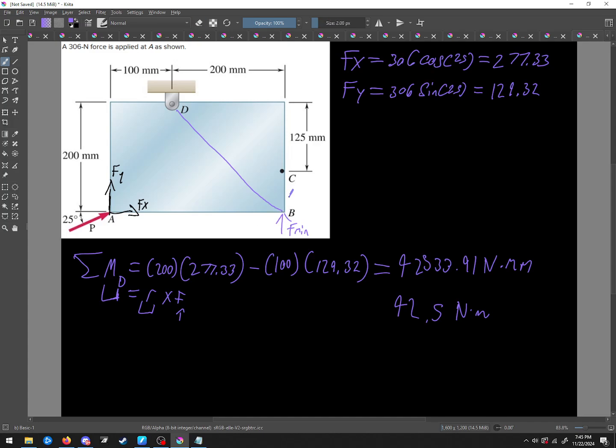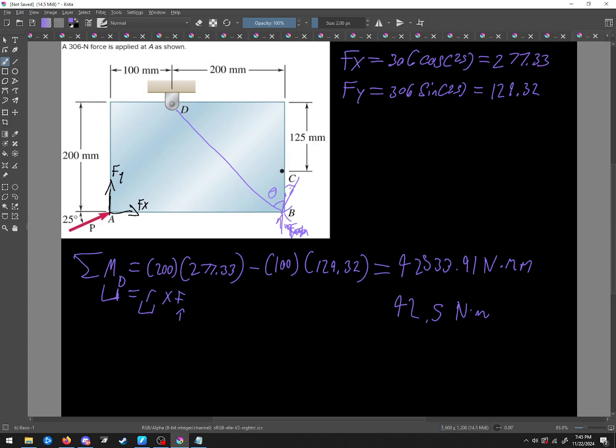The force then would not be here. We can just forget about that. It would be here, and we would find this angle. Well, not quite. It would be this angle plus this angle.